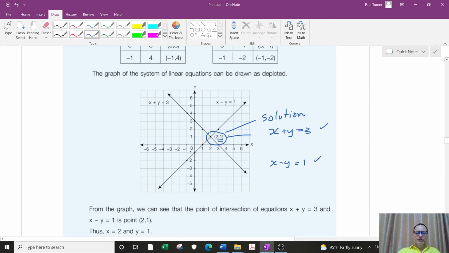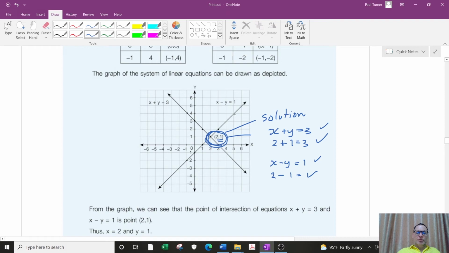So for example, if we put 2 in for x, 2 plus y is 1, we get 3, correct. Then in this one, we put 2 minus the y value, which is 1, and we get 1, which is correct. So this is the solution to both equations.